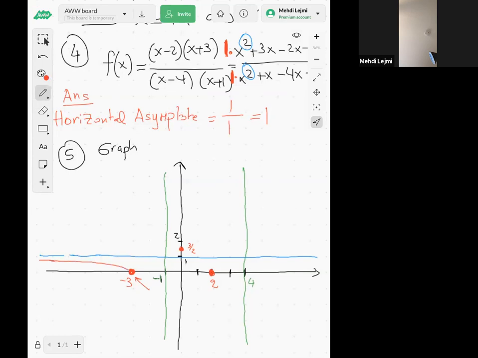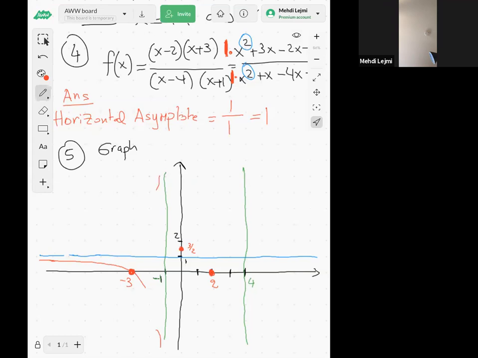All right, and then you go to your x-intercept at -3, but then there is this green vertical line. That's our vertical asymptote, and because it's a vertical asymptote, your graph should be very close to it, right?